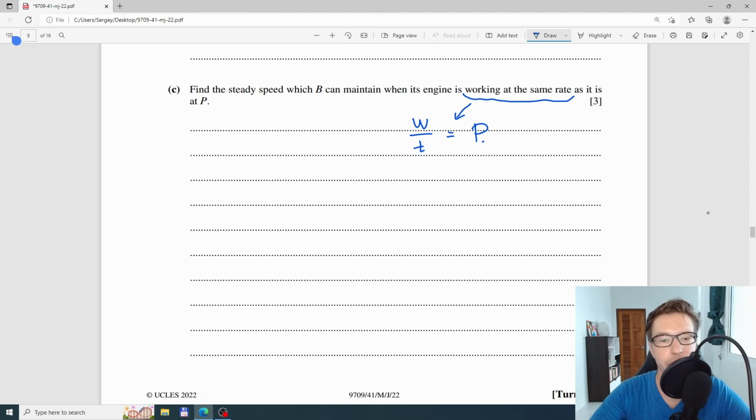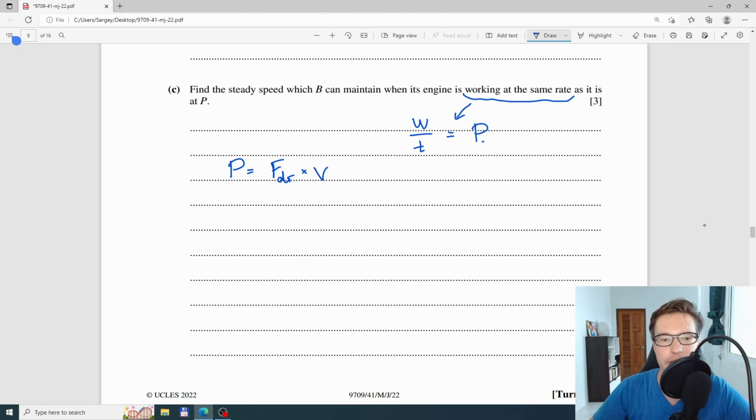Whenever you have a question about vehicles, engines, power and driving force, there is a formula that should automatically come into your mind, which is power equals the driving force times the velocity.